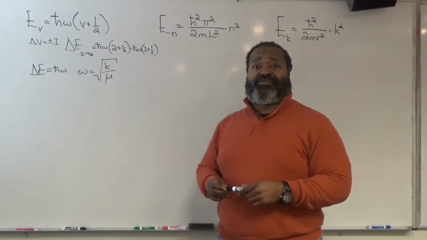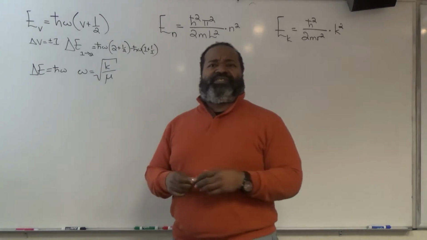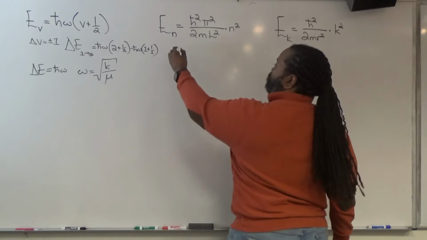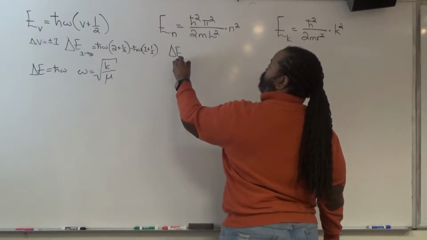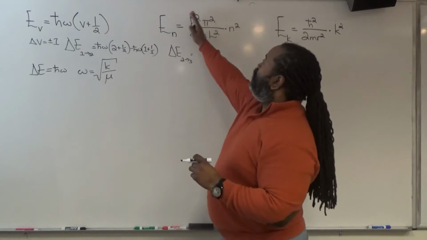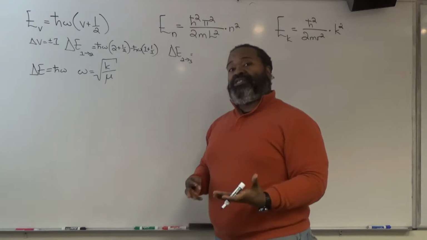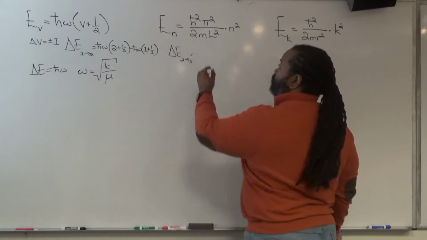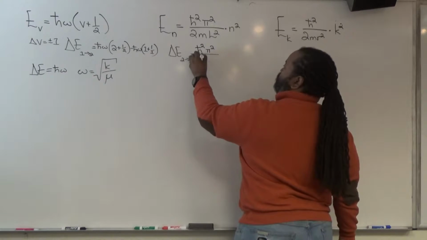In this case, the selection rule says that it has to be an odd number. So let's just take the first transition, and let's suppose we are doing a transition from state 2 to state 3. Well, all of this will be identical each time, so the only thing we really need to worry about is the difference between the squares of those two states. So we know that these are constants.